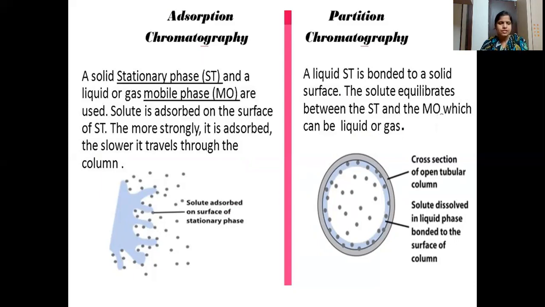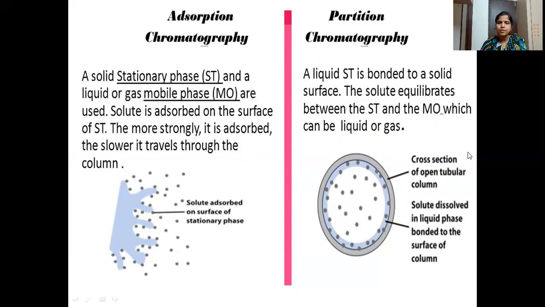The stationary phase is the solid here, and if the adsorption onto the stationary phase is more, then that particular component will move very slowly. We have seen the same in TLC also. When a component is strongly adsorbed onto the stationary phase, it will travel slowly. The same is observed in the column.